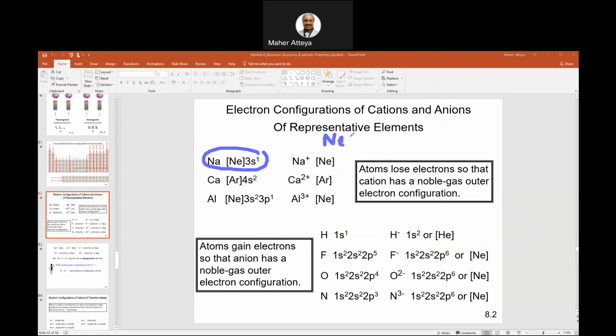Because it has lost 1 electron, the 3s is gone. How many electrons are in 3s? Sodium had lost 1 electron to be a 1 positive cation. So this is 0 here, so we can take this one out because there's no 3s electron. So this one will be just Ne.